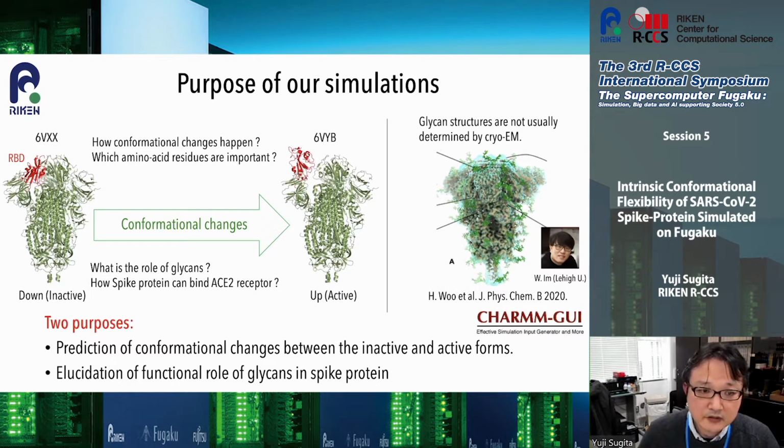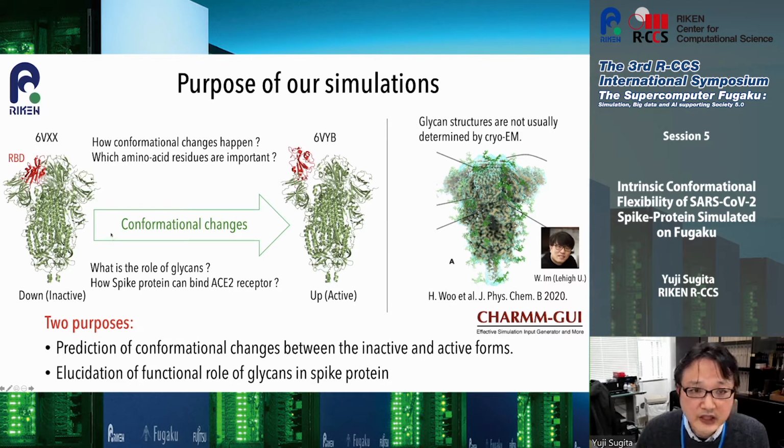So we have two interests in the study. The one is the prediction of the conformational changes between the inactive and active forms. As you see, the down conformation is the inactive form, and in the active form, at least one RBD domain is up.